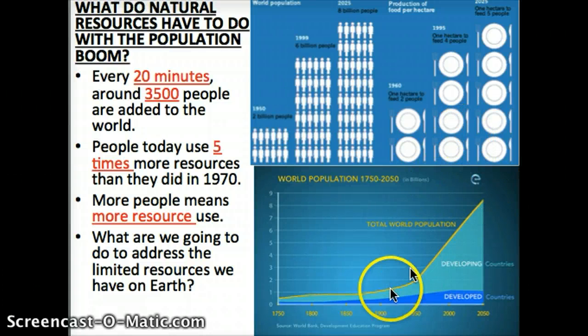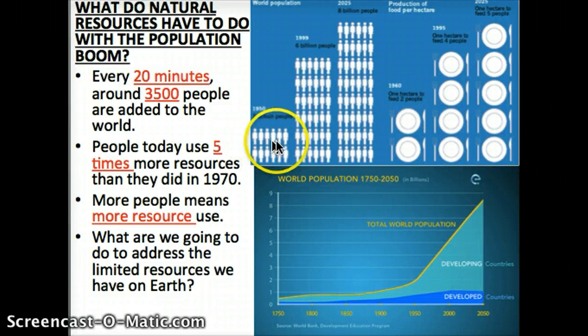And this graphic shows how much of the world has been growing in developing countries versus developed countries. You can see most of the population growth is happening in the developing countries. The developed countries have stabilized. And this graphic kind of shows you how much land and food production we would need to make to comfortably feed the number of people that is here on Earth.